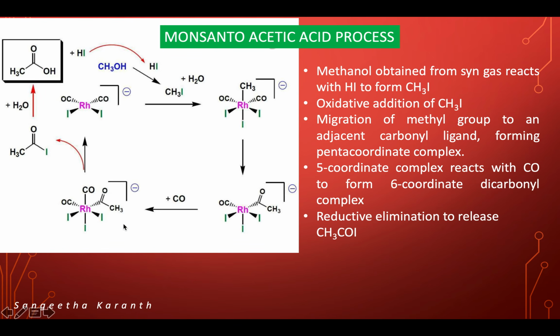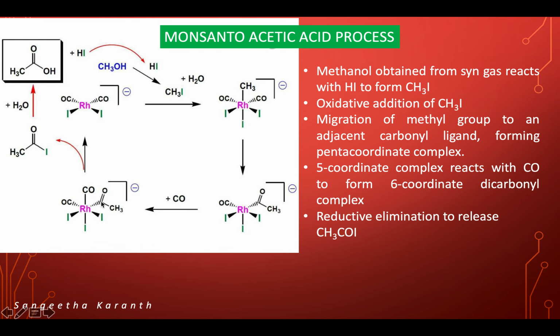Reductive elimination is nothing but here the coordination number of this metal will decrease. It is somewhat opposite to that of oxidative addition. In oxidative addition, the coordination number increases. Here the coordination number decreases. And in reductive elimination the bond is formed between two adjacent ligands.